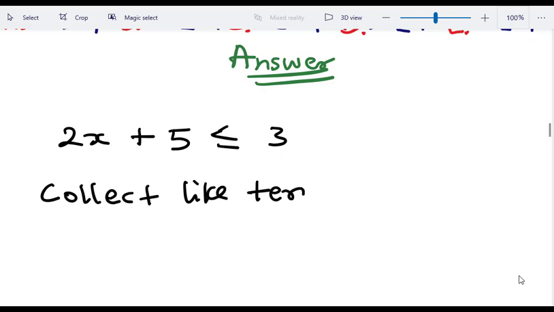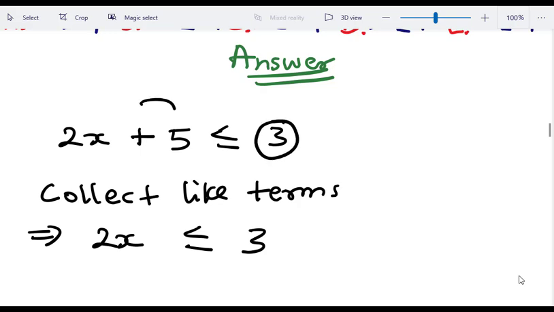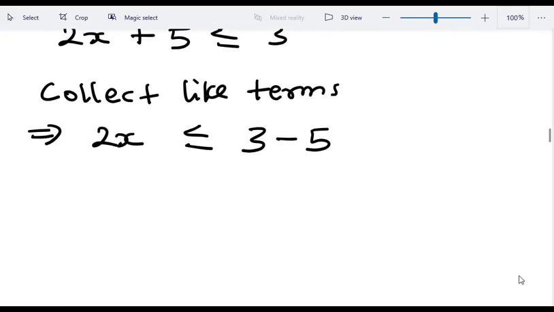When we do, it implies that 2x is less than or equal to, we have to write down our 3, because this 3 is expecting plus 5 to come and meet it. If plus 5 does that, this plus sign changes to minus. Then 2x will be less than or equal to 3 minus 5, which gives us minus 2.